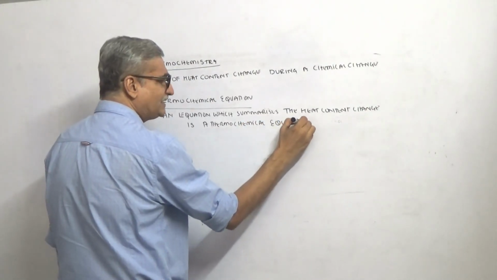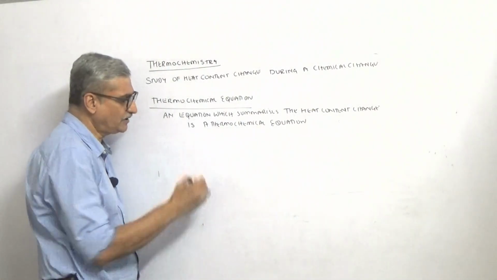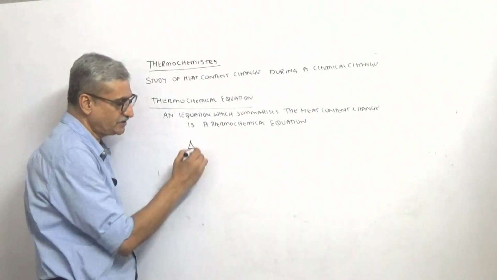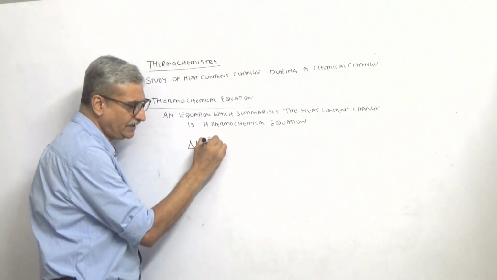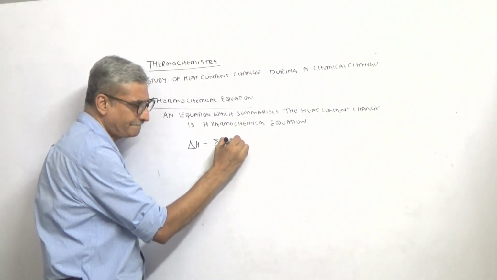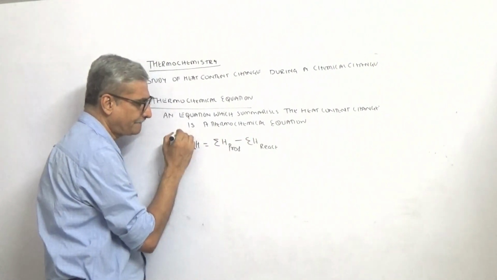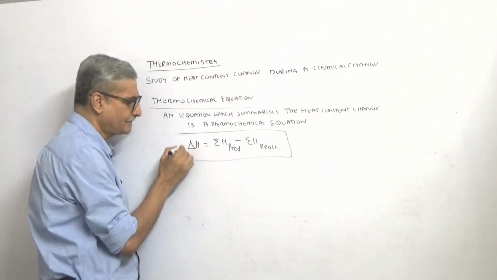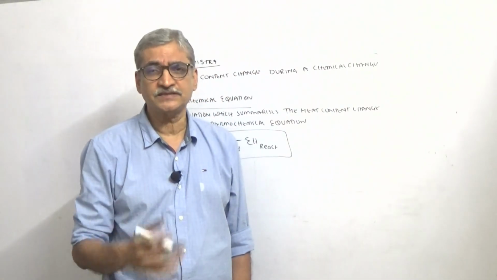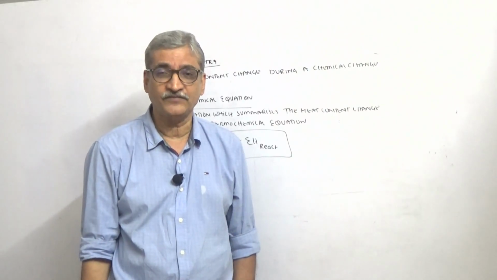So what is the mathematical expression for thermochemical change or heat content change? Delta H will be summation of enthalpy of product minus summation of enthalpy of reactant. Now you'll ask me, sir, nowhere we have been only discussing enthalpy change. Where did this enthalpy come from?